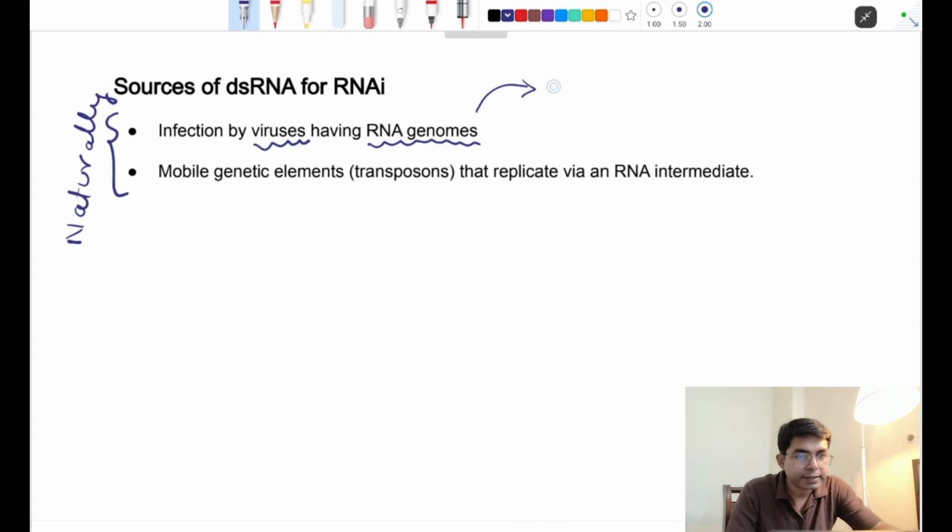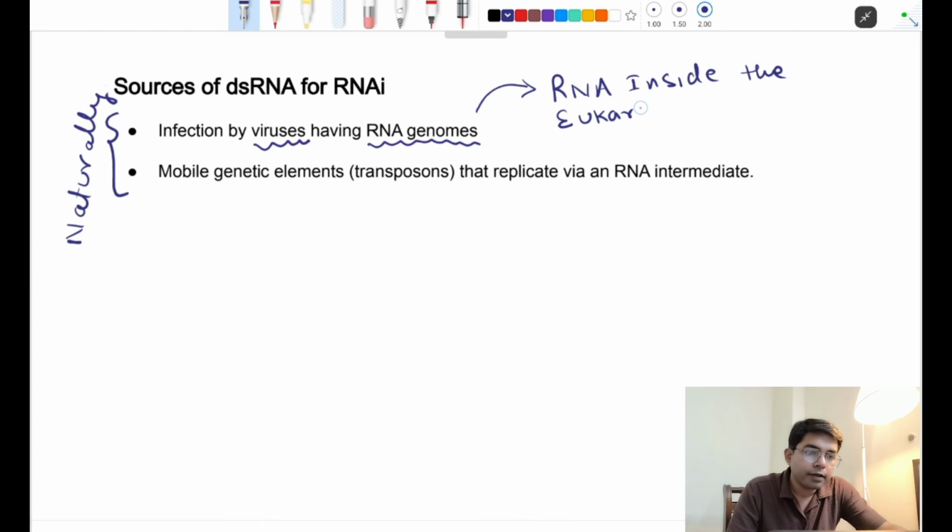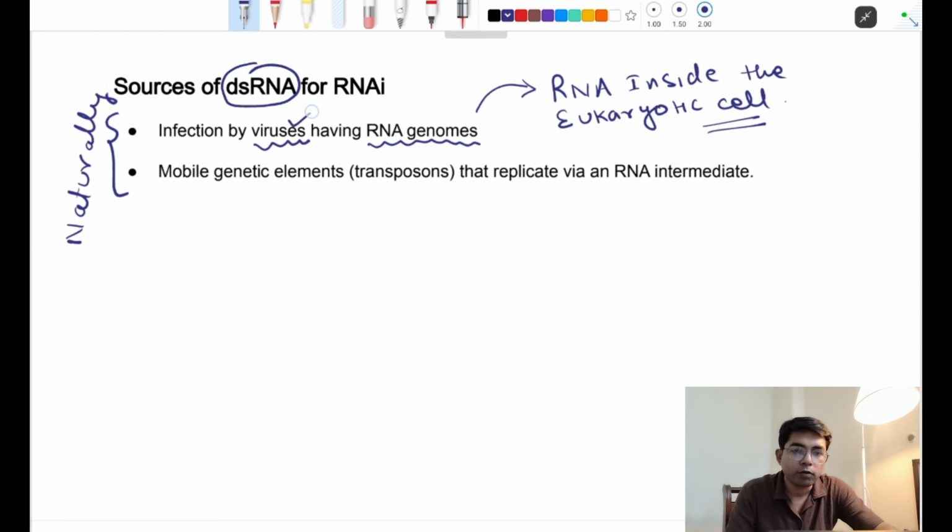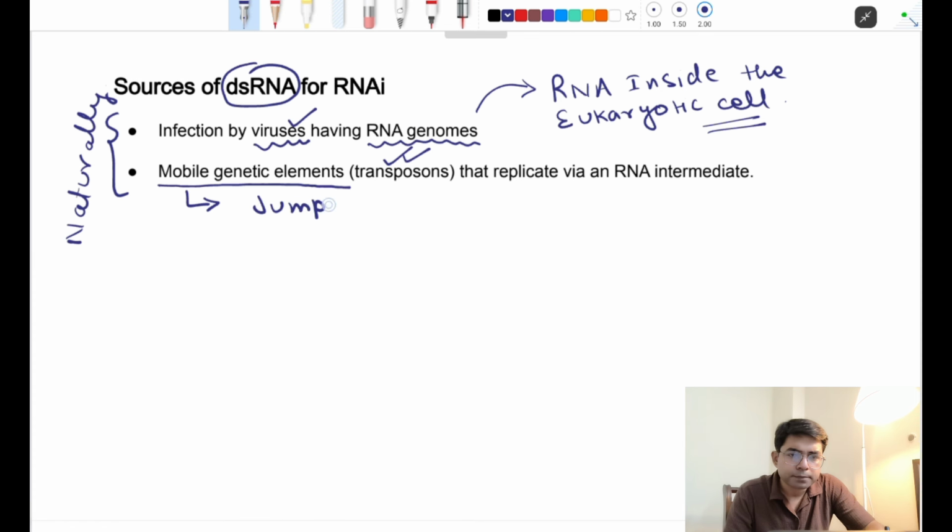They insert the RNA inside the eukaryotic cell, and this RNA will inhibit the mRNA. So the source of this double-stranded RNA is virus in some cases, and in some cases it is transposon. A transposon is also called a mobile genetic element, or sometimes jumping genes.